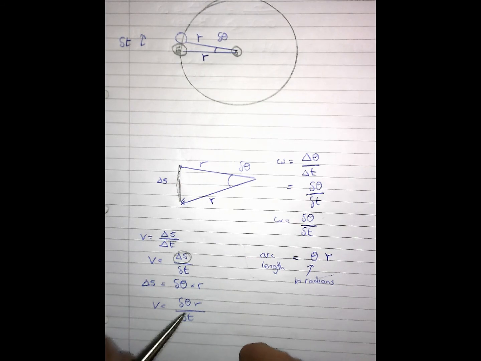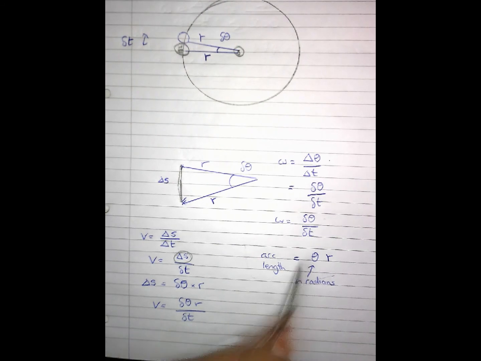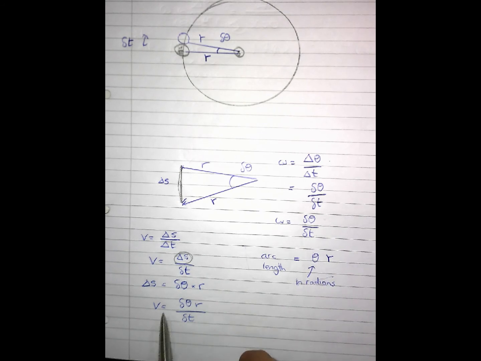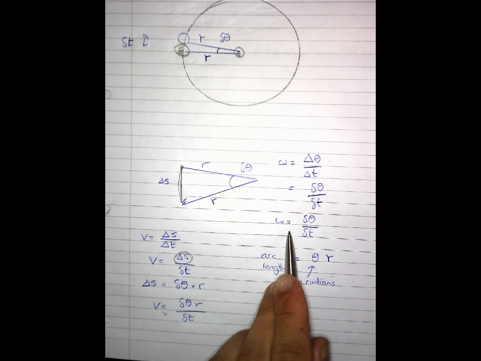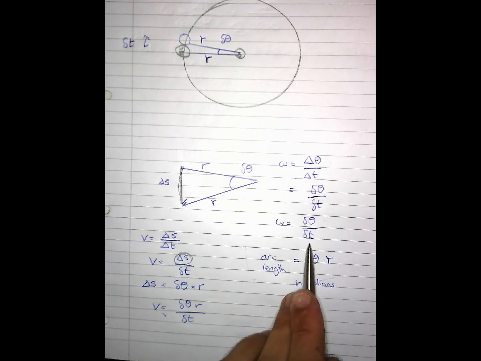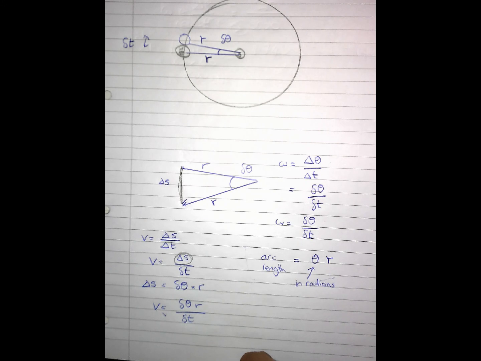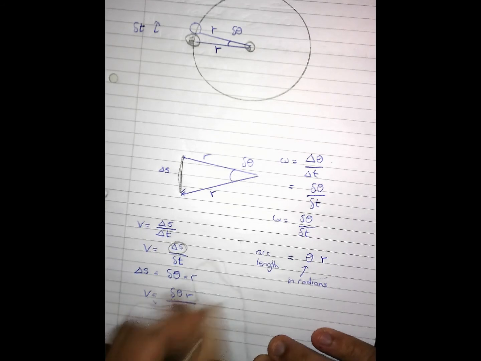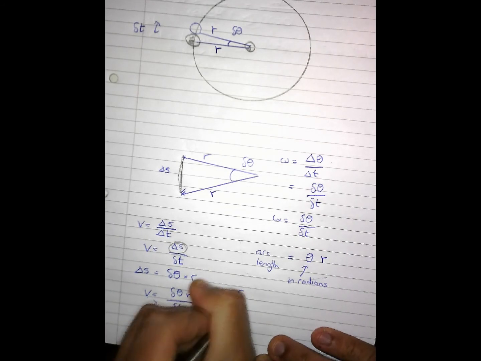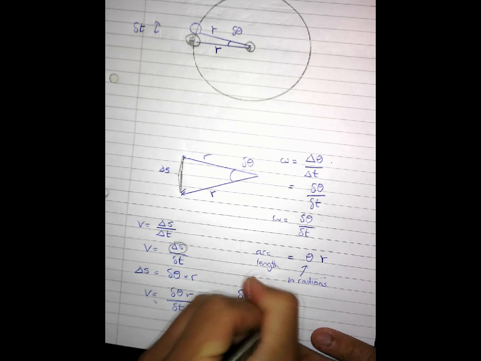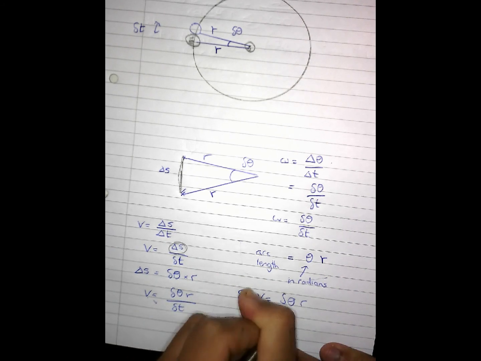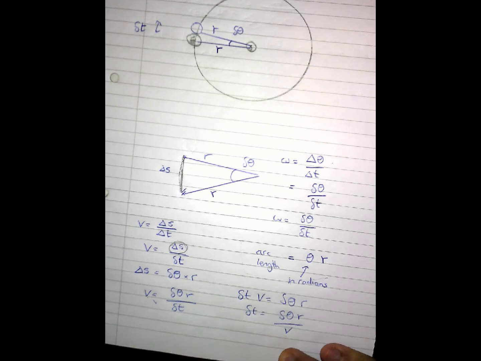Looking at that in a little bit more detail, we wanted a connection between v and omega. Both of these equations have got delta t in them, so it makes sense to try and eliminate the delta t. So if we rearrange this, we get delta t v equals delta theta r, therefore delta t equals delta theta r over v.